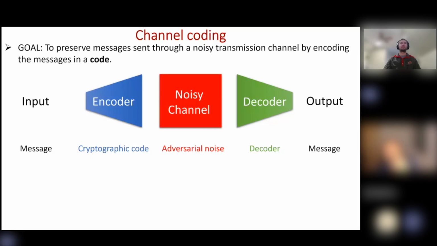And so your goal is to encode it in a way that the eavesdropper cannot access it. So you use what's called a cryptographic code for that. They did this in World War II, etc. They still do. Hopefully, my information is also encrypted as I'm speaking to you over the internet.